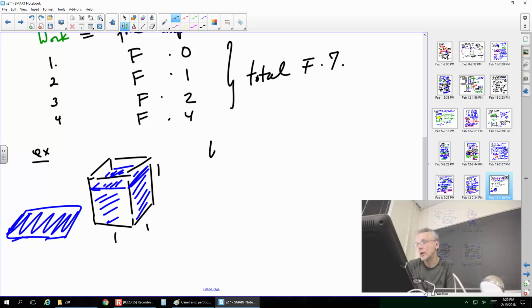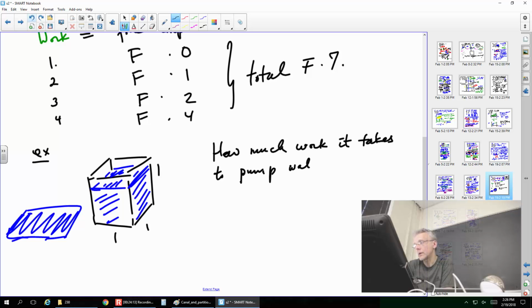So the question is how much work it takes to, well, pretty much pump water to a 1 by 1 by 1 cube or tank. Okay, so assuming that everything once again starts at the level of 0, and then it is lifted to a different level, starting from 0 and ending with 1.